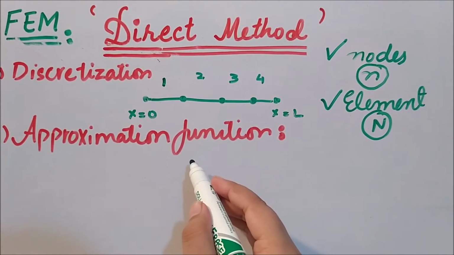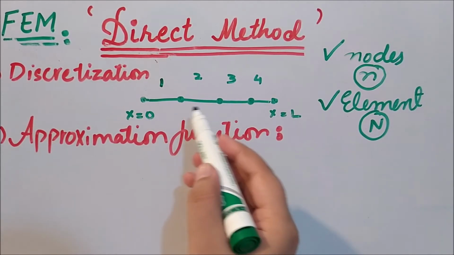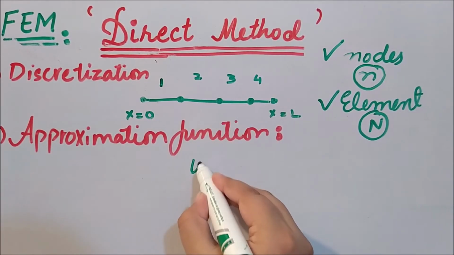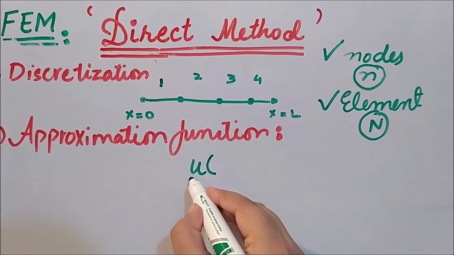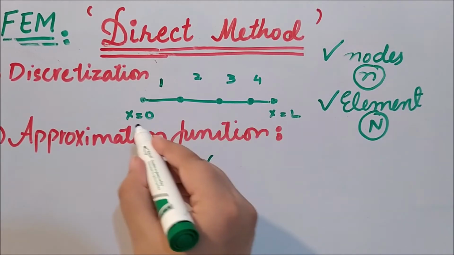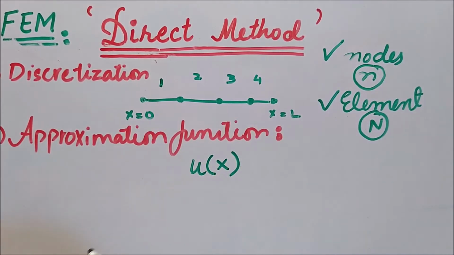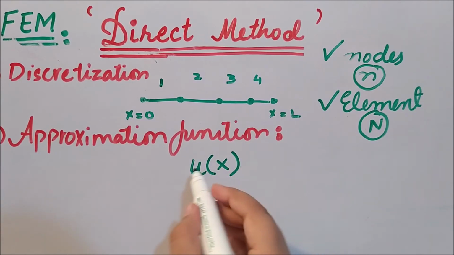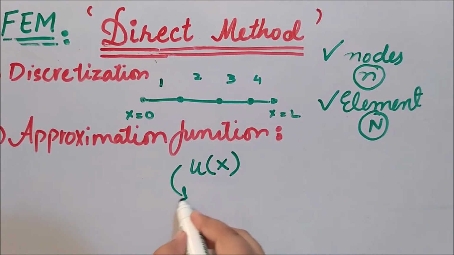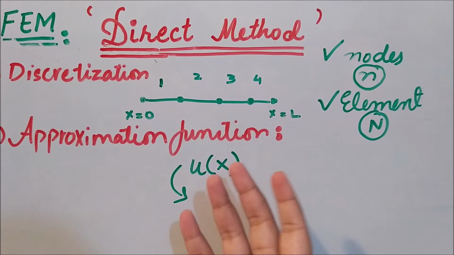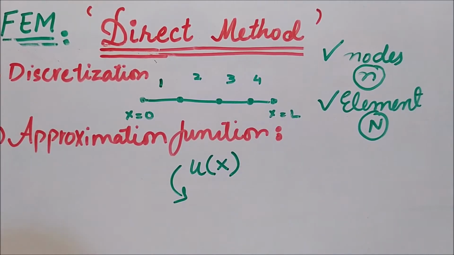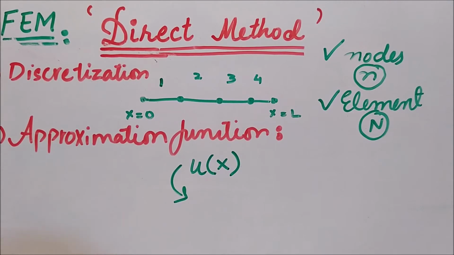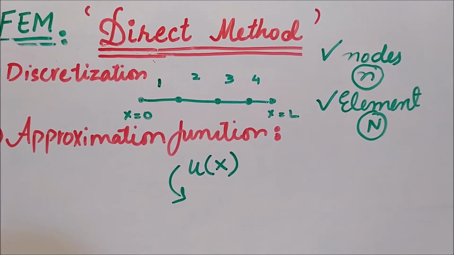For example, we have to figure out the displacement. Let's represent the displacement with u, and that depends on the values of x. So u is our primary variable, or we can also say that it is the field variable. These are the two terms that we will use when we say we have interpolation function or approximation function.